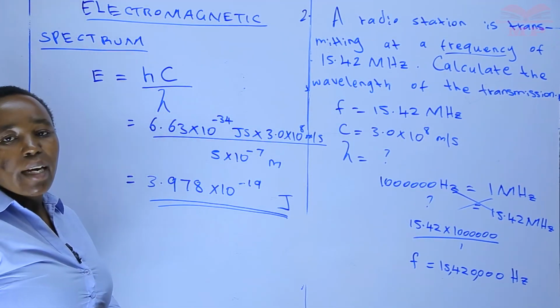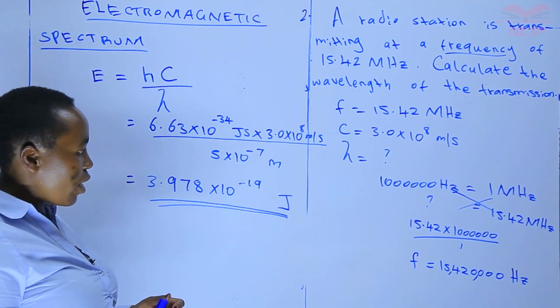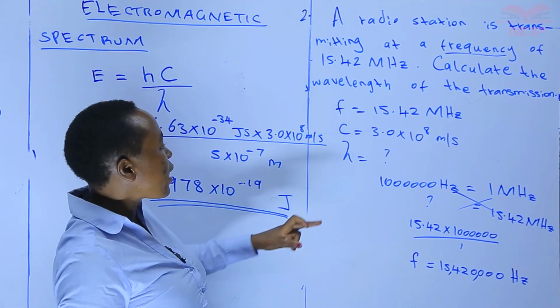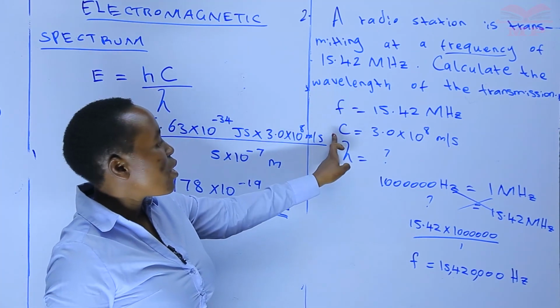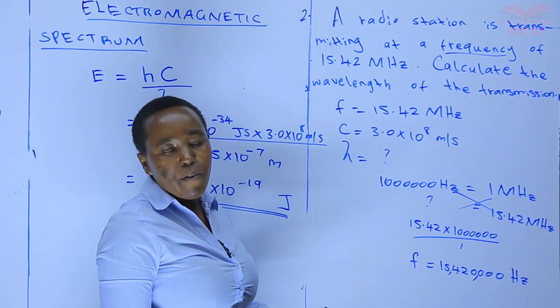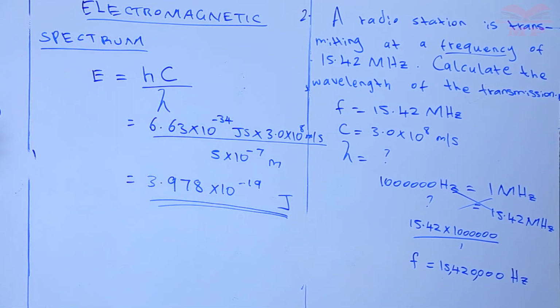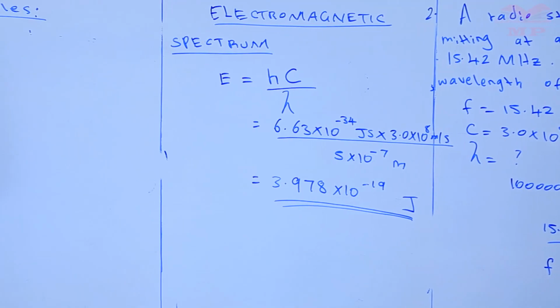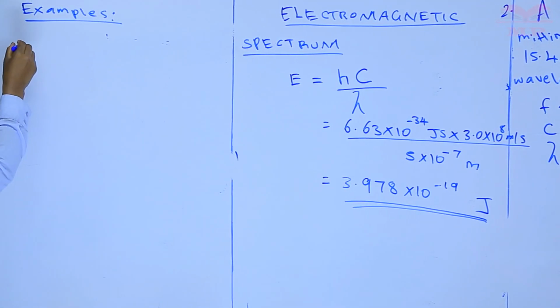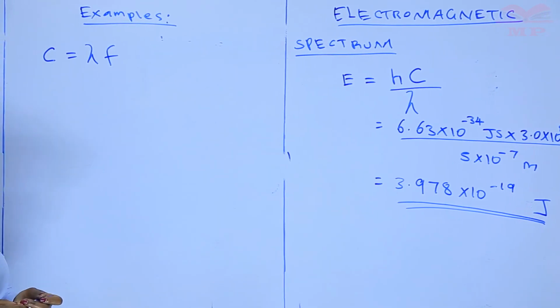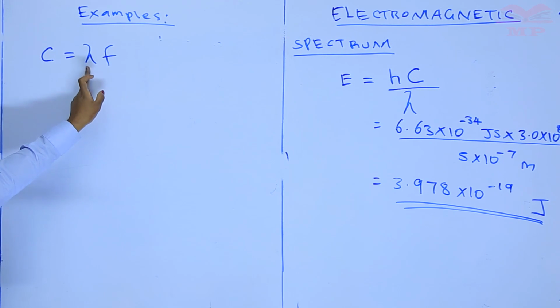So we now come and look at the formulas that we derived. Which formula are we going to apply to get the wavelength? The formula that relates frequency, the speed, and the wavelength, and that is simply the wave equation. We say that the wave equation is C equal to wavelength multiplied by frequency. In our question, we want to get the wavelength.